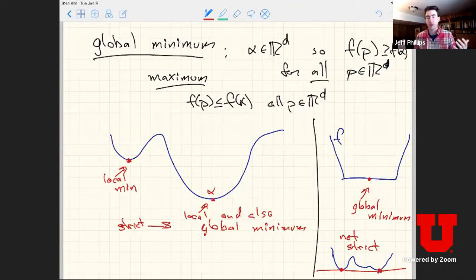They're both local minimum, and they're strict. They're both global minimum, but they're not strict global minimum, but they're strict local minimum. So these are strict local minimum, not strict global minimum.